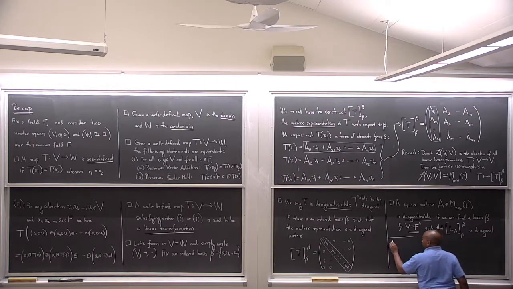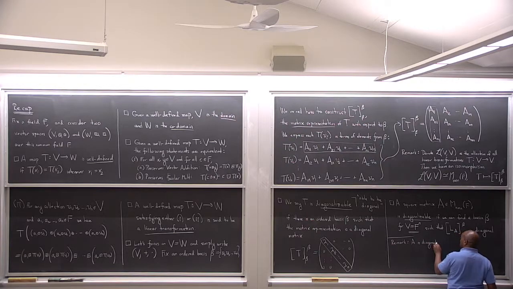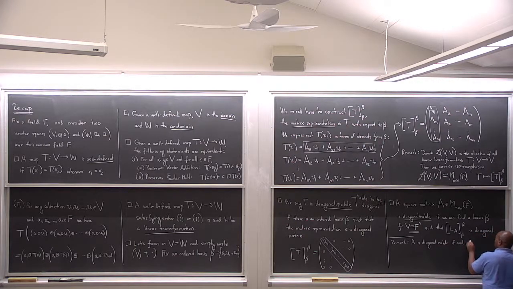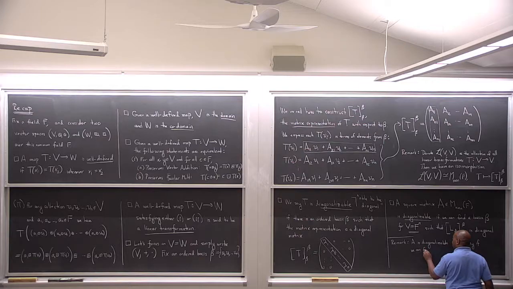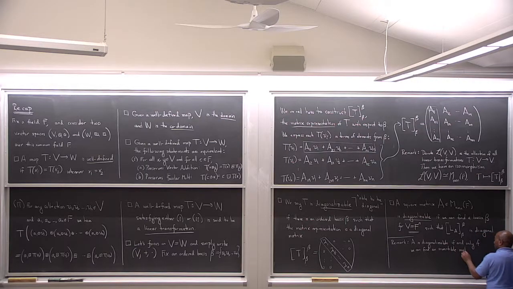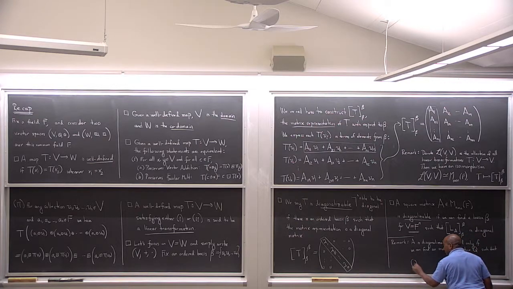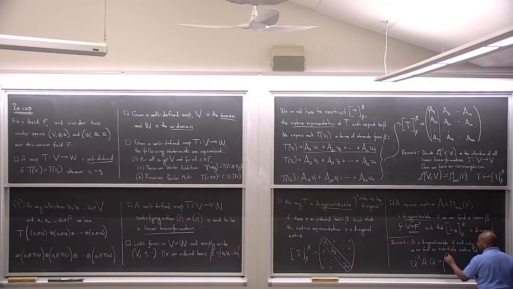Essentially what this says is A is diagonalizable if and only if we can find an invertible matrix, let's call it Q, such that the following matrix product, Q inverse AQ, is a diagonal matrix.